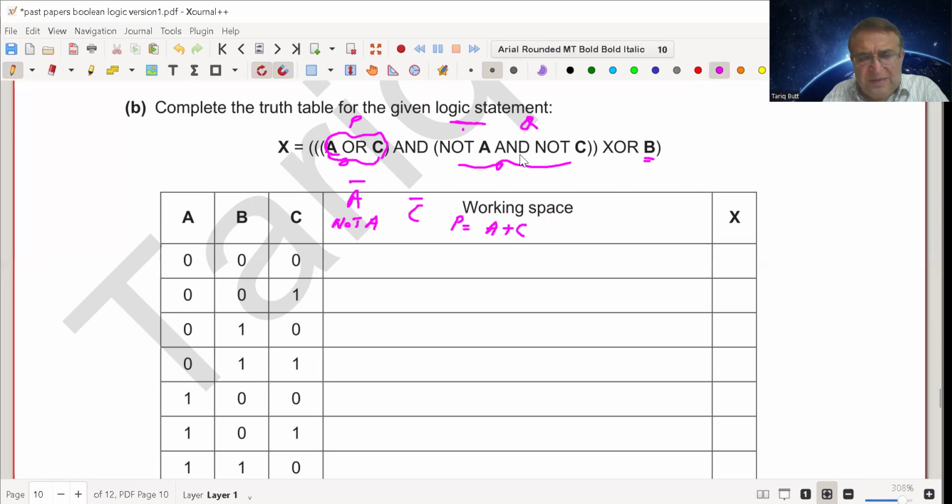So not of A and not of C is A prime into C prime. So let's say we call this Q, which is A prime into C prime.